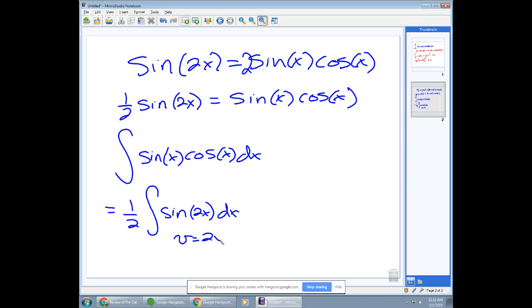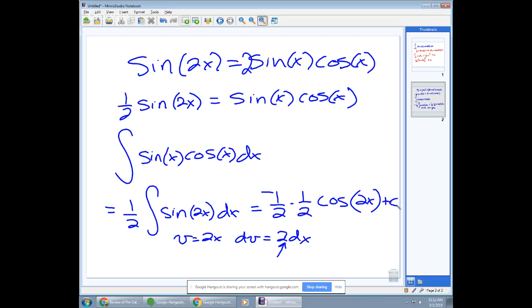So v equals 2x, dv equals 2dx, so one half dv equals dx. I'm missing that factor of 2, so that's going to throw in another half. I have the half on the outside, which gives me another half. The antiderivative for the sine is the negative cosine, so I'm going to throw a negative in front, cosine, and I'm going to put the 2x back in, plus c.